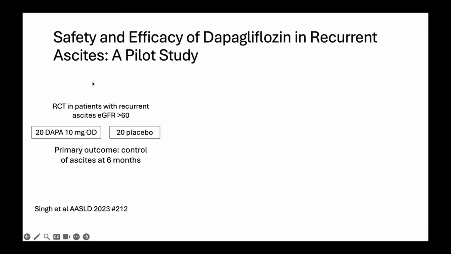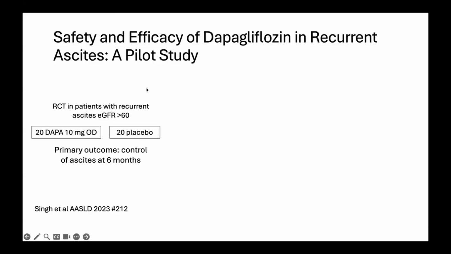So the next is the use of SGLT2 inhibitors, and I wanted to call the attention to this paper by Dr. Singh, who is very kindly in the audience, and that was presented at AASLD last year. I don't think it's yet published, and this was a randomized trial.